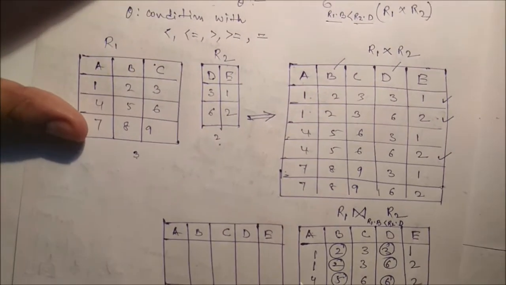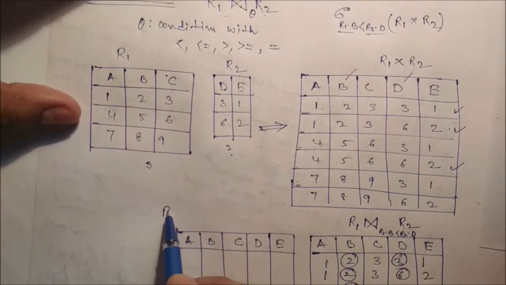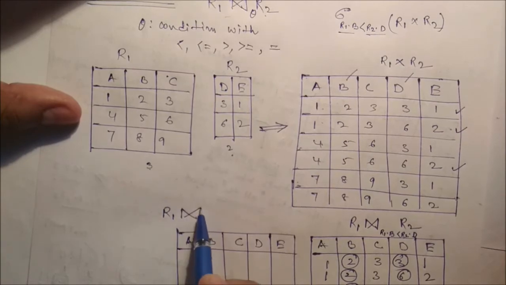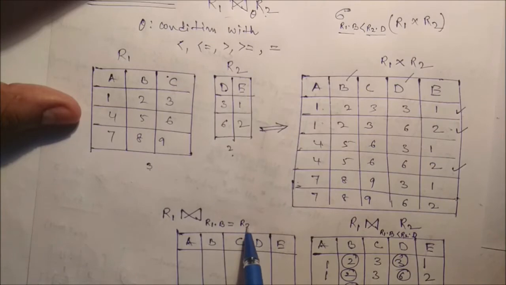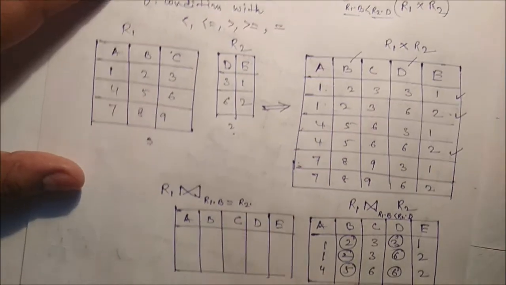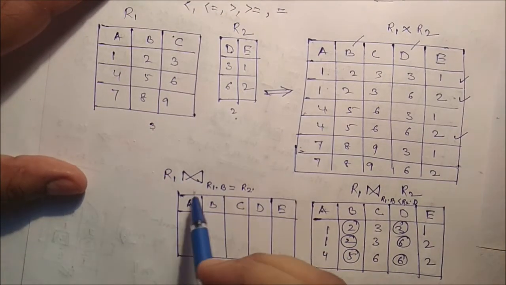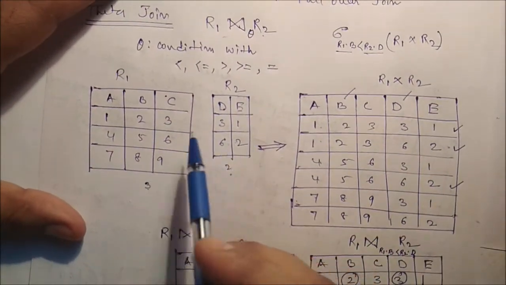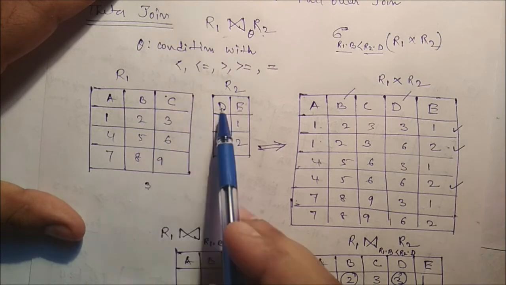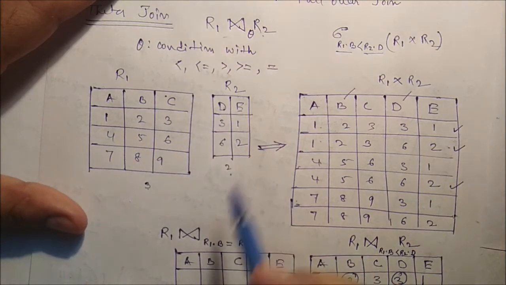Similarly, R1 join R2 where R1.B is equal to R2.D. Suppose we have to merge these two tables, and if the value of B is the same as the value of D, then we retain the data.